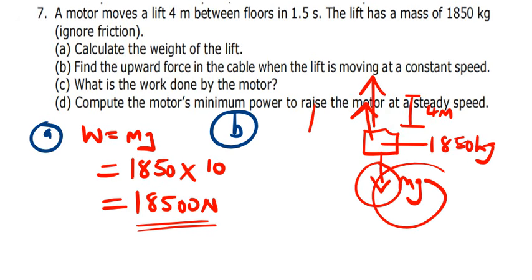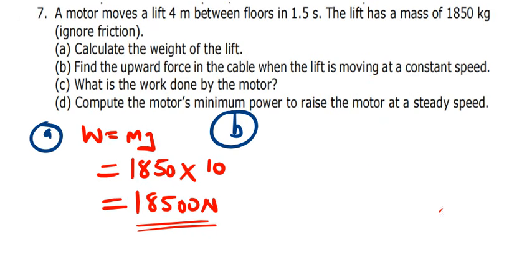So to find the upward force in the cable when it's moving at constant speed, you are still going to have the same answer as the weight. So our answer for B is the same, 18,500 Newton.